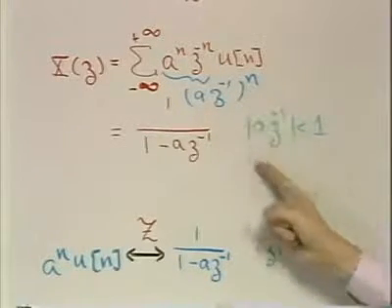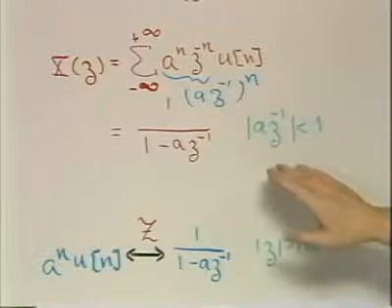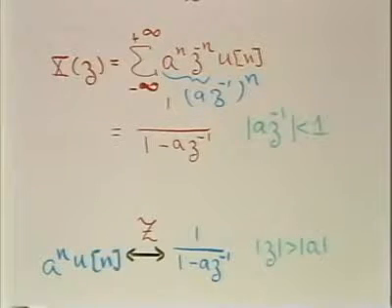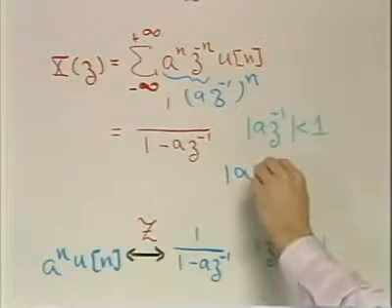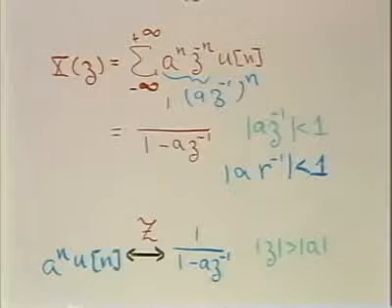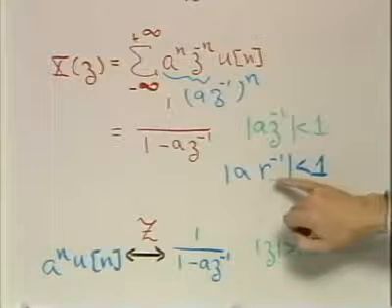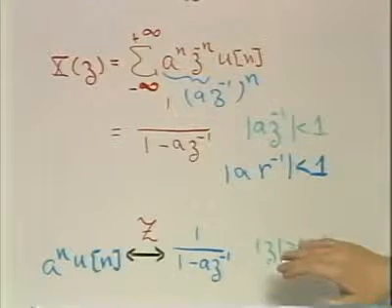And this statement about the z transform converging is exactly identical to the statement that what we're requiring is that the magnitude of a times r to the minus 1 be less than 1, where this represents the exponential factor that in effect is applied to the sequence so that the Fourier transform becomes the z transform.